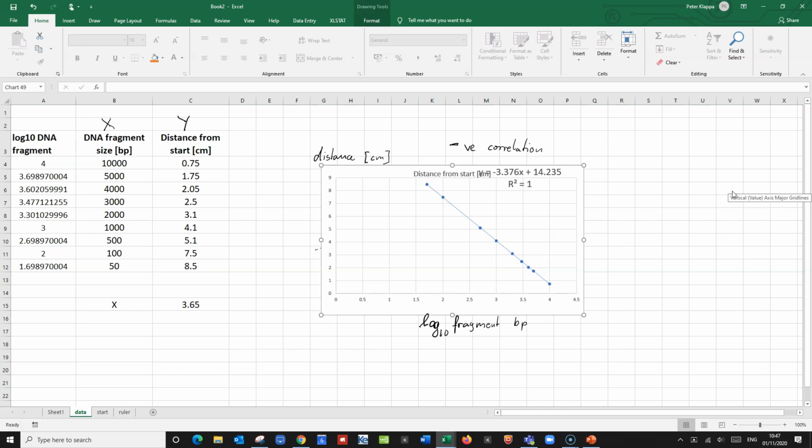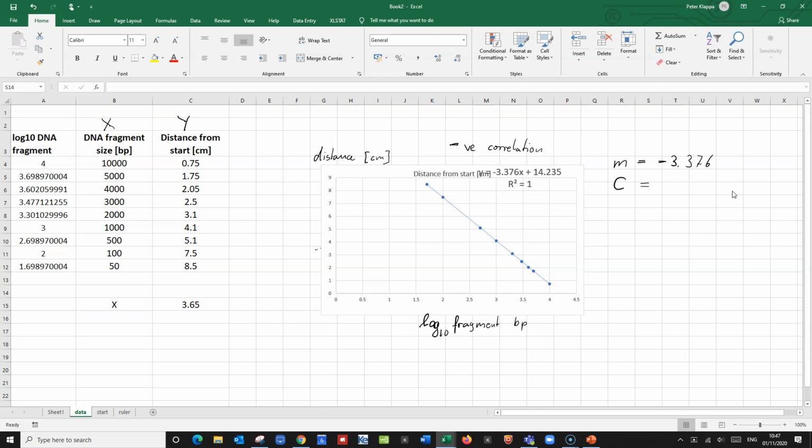And we have our gradient for this standard curve. The gradient is negative 3.376, and the intercept for our standard curve is 14.235.